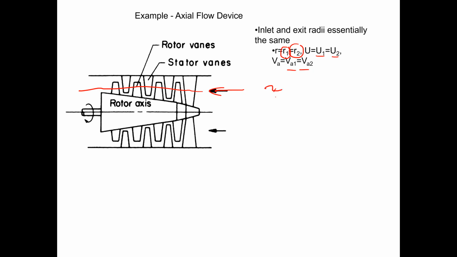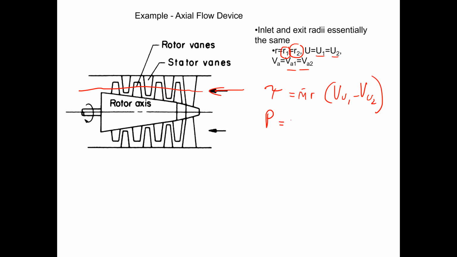So basically what happens is that our equations get modified because we're able to simplify them a little bit more. So for example, our torque, we're able to factor out the radius because it's the same entering and leaving.